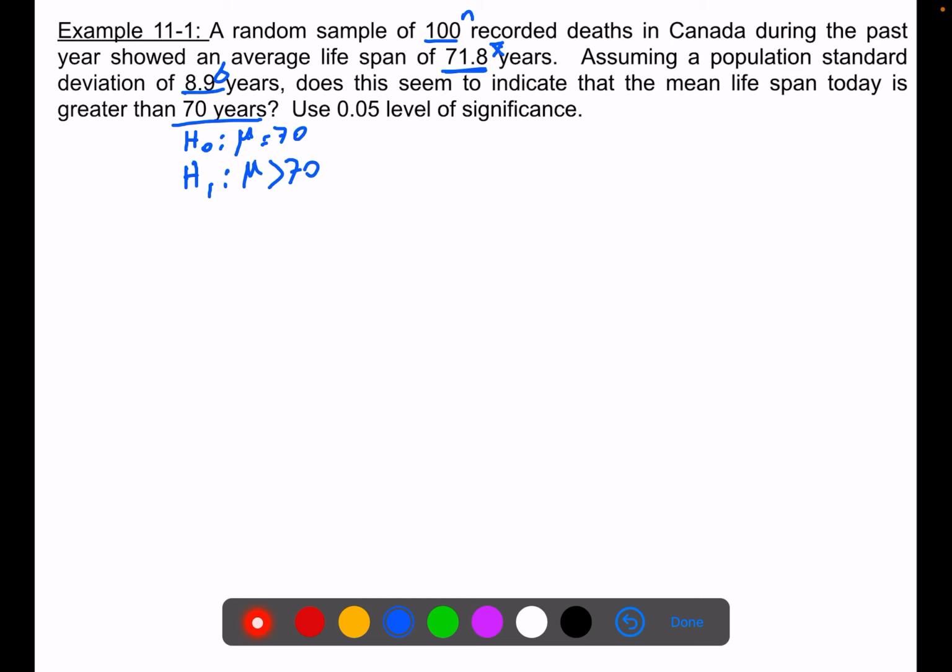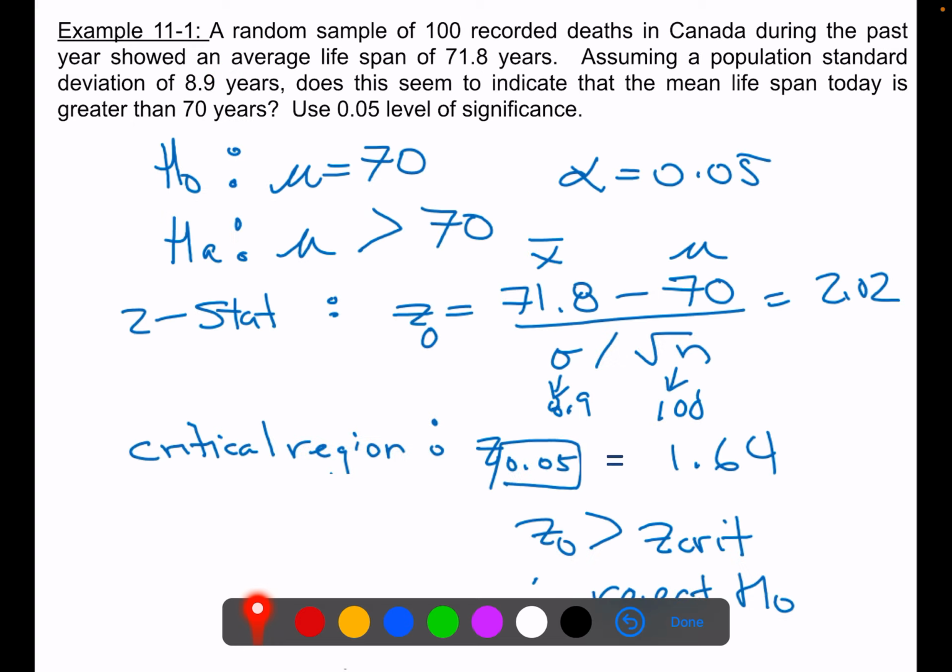Any questions so far? Since we have sigma, we have to use the normal distribution, right? So that means X bar minus mu, divided by sigma divided by square root of 100. That's going to be 2.02, right?